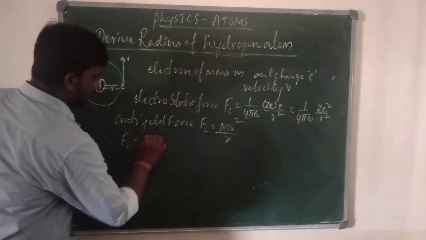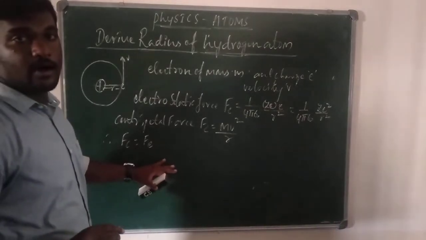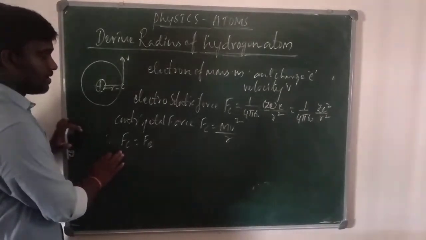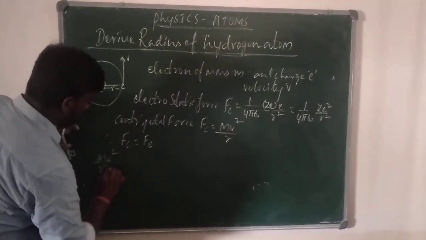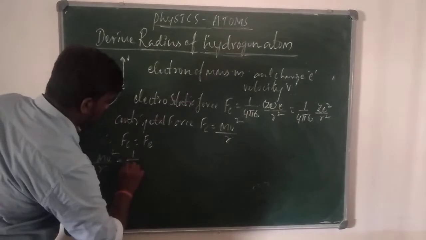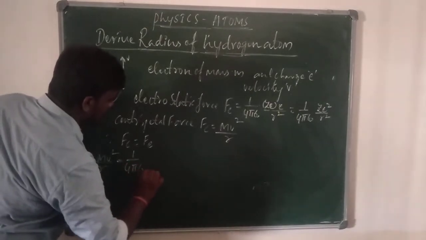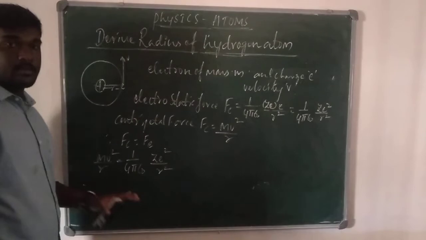Therefore, the centripetal force is equal to the electrostatic force of attraction, which means mv square by r is equal to 1 by 4 pi epsilon naught Ze square by r square.